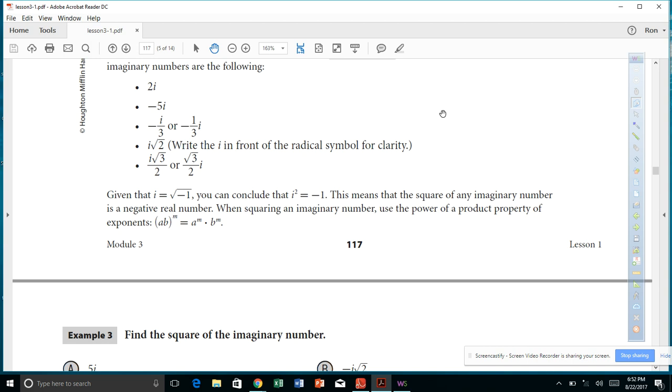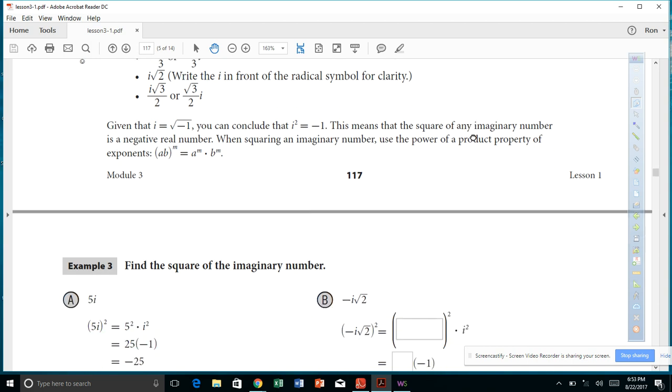Given that i equals the square root of negative 1, you can conclude that i squared equals negative 1. This means that the square of any imaginary number is a negative real number. When squaring an imaginary number, use the power of a product property of exponents: a times b to the m equals a to the m times b to the m.